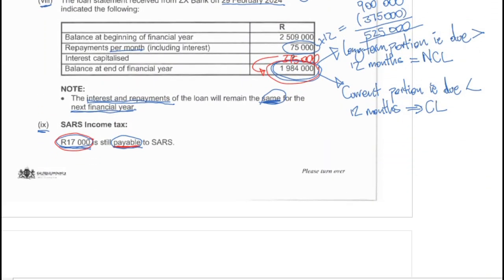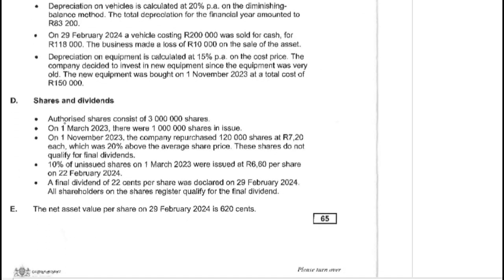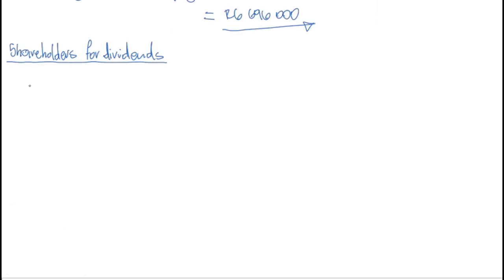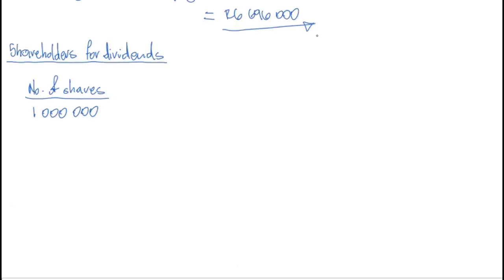Firstly, we need to determine the number of shares which qualify for the final dividends. In the additional information, we are told that on 1 March 2023, there were 1 million shares in issue. So at the beginning of the year, we had 1 million shares in issue. On 1 November 2023, the company repurchased 120,000 shares. And we are also told that these shares do not qualify for final dividends.